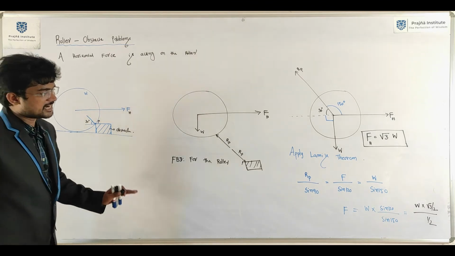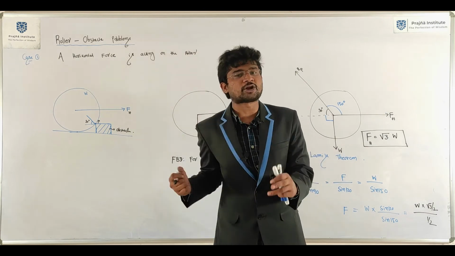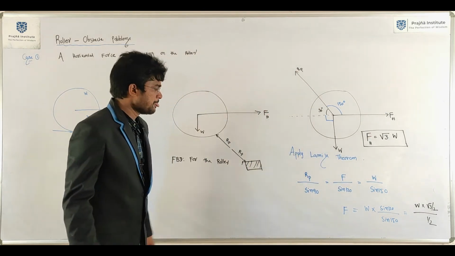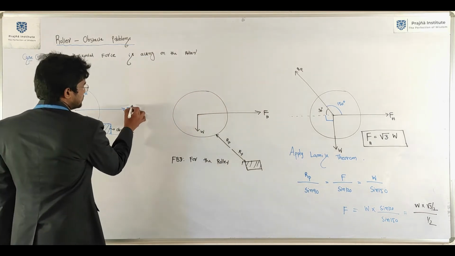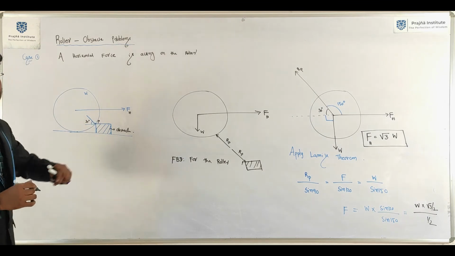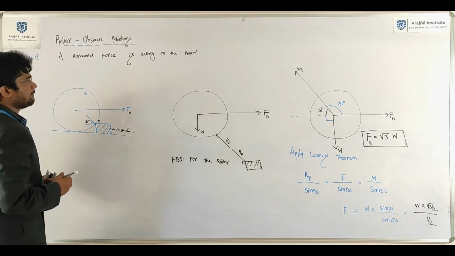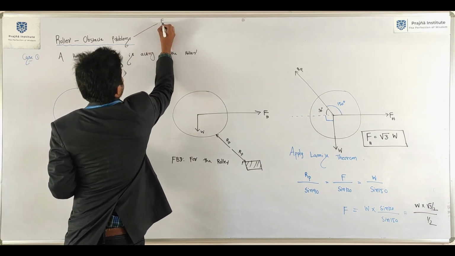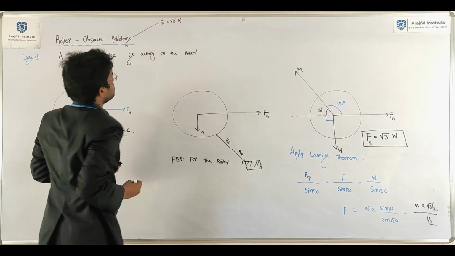If it is horizontal force, the magnitude of force we need to apply to pull the roller is nothing but root 3 W. So no need to focus on RP. Our area of interest is to determine the applied force. FH equals root 3 W.